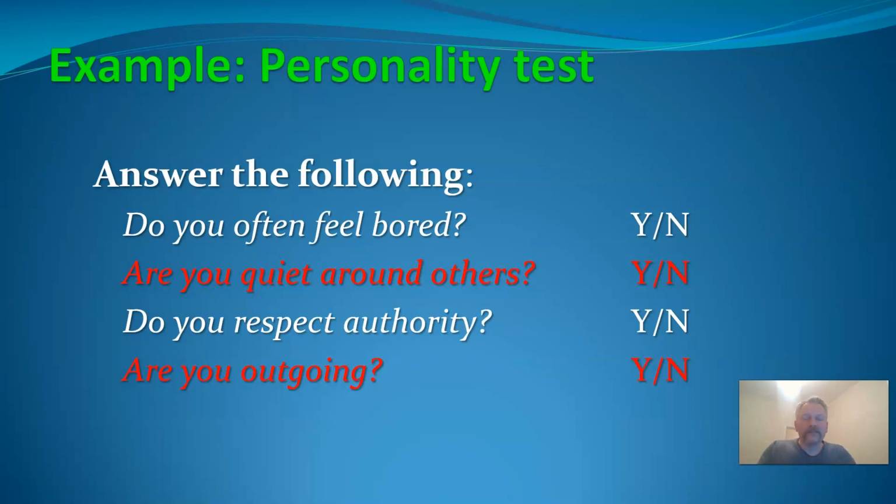For instance, if someone is genuinely extroverted, are you quiet around others? Well, no, they would answer no to that. And when they get down to the question, are you outgoing? Then yes, they would type yes to this. So what you would find is, if you go back through people's questions, they need to be answering this in a consistent manner.